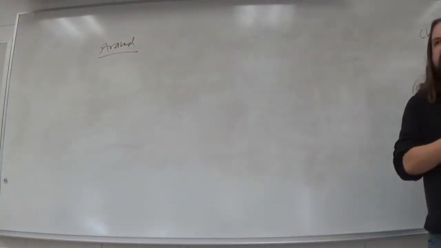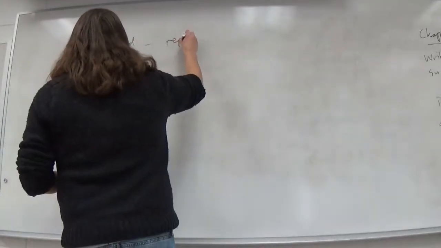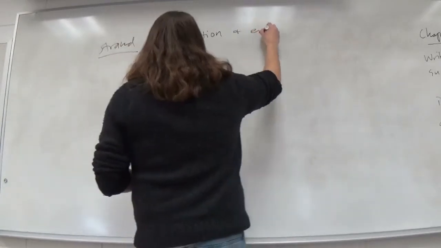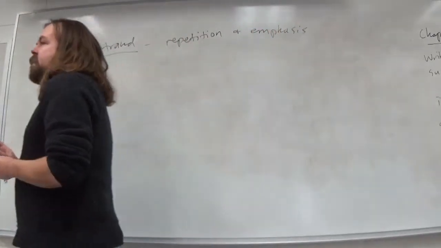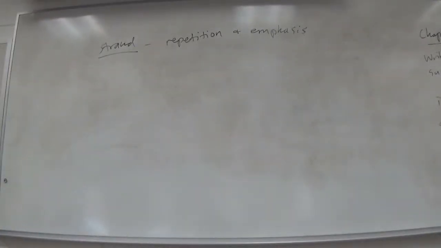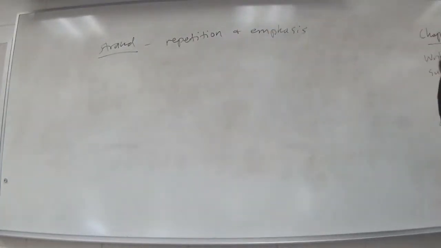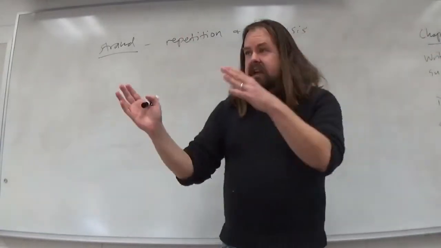The first kind of pattern you want to try to locate is what's called a strand. A strand is a pattern of repetition and emphasis. Now, repetition is not always going to be exact repetition. Sometimes when we talk about repetition, we mean details that are simply related to each other.